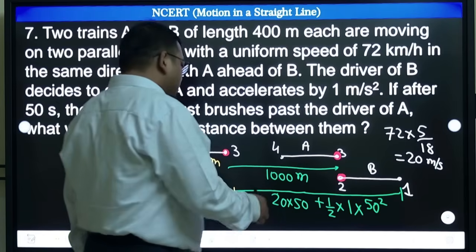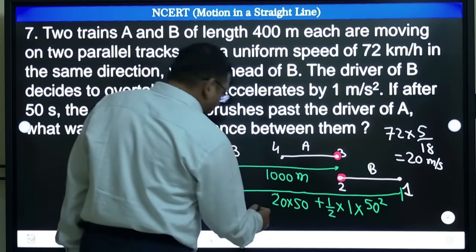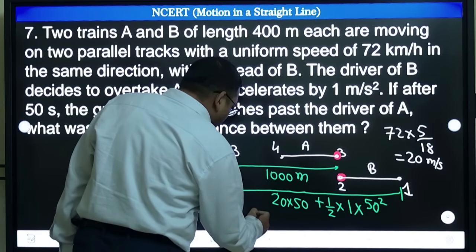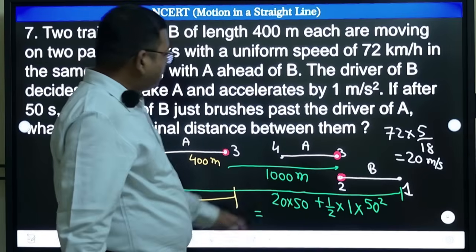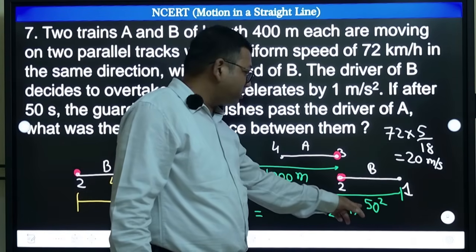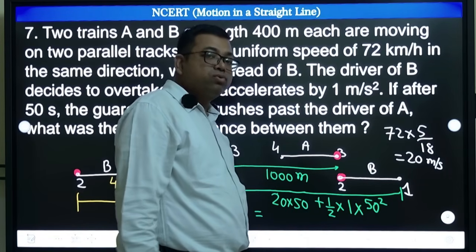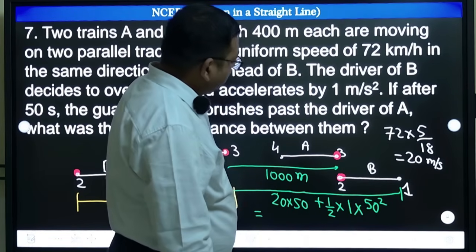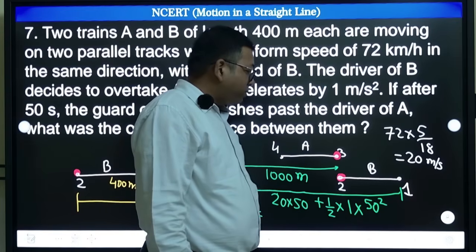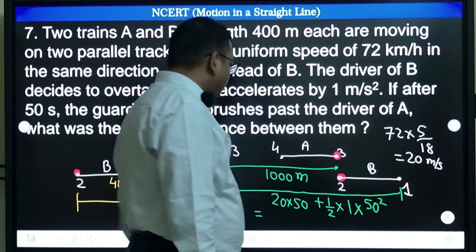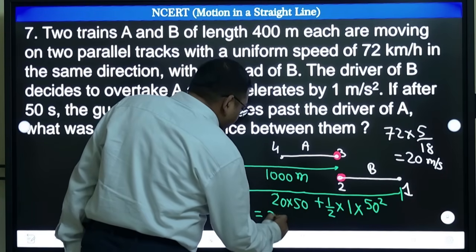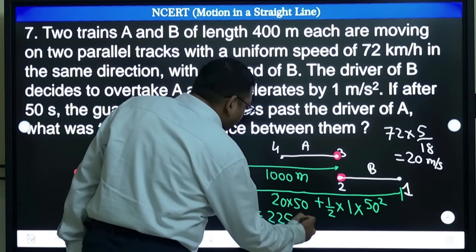Now you calculate, how much is this? This is 1000, and this is 2500. 2500 by 2, correct? So 1250, and 1250 plus 1000 is 2250, correct?